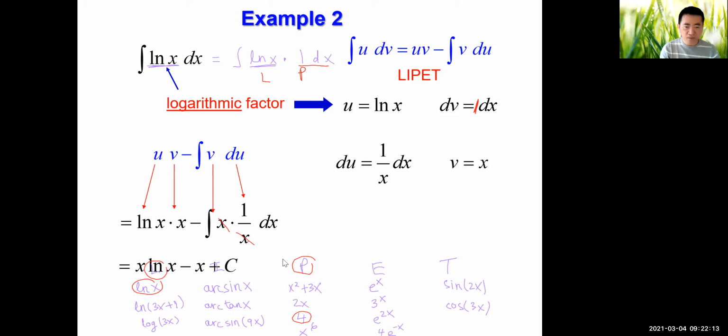So the answer I have here is x ln x minus x, and that is the final answer. Right. So let's look at the next example.